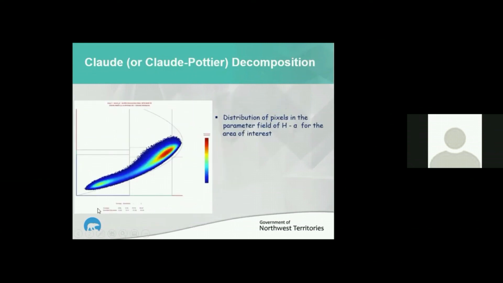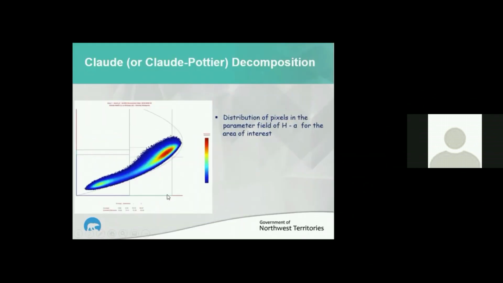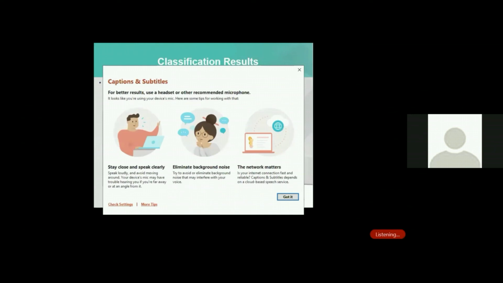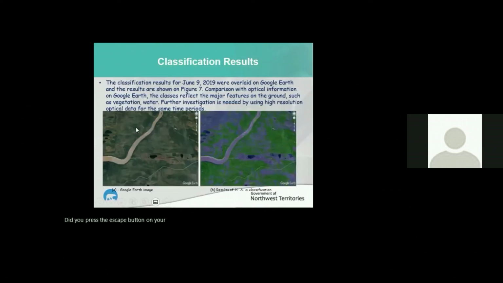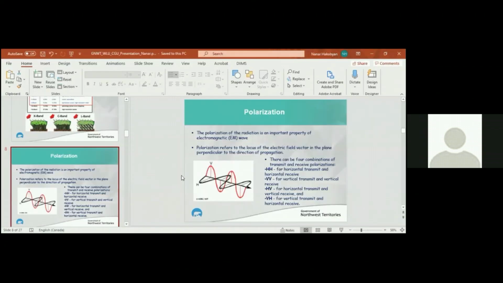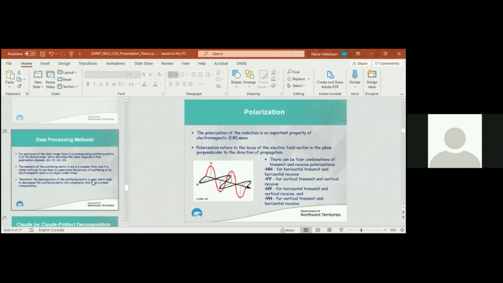Every time I need to click on this, probably, I'm not sure, but even that, it doesn't help though. If you press the escape button on your keyboard, it should come out of presentation mode. Escape. Okay, so show like this. Yeah, that's fine. I will show it this way.